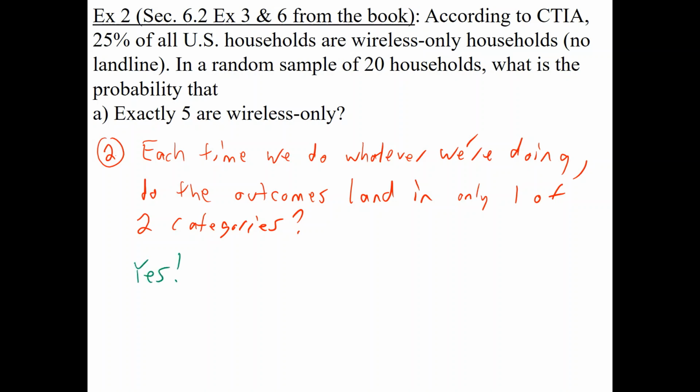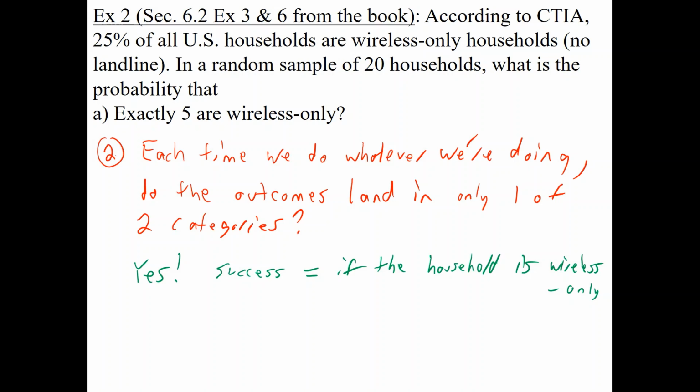Every time we select a household, what are we going to wonder about? We're going to wonder if it's a wireless only household or not. So there's a success and there's a failure, and success is going to be if the household is wireless only. Now we're going to have to write something like that down when you start a problem in a few minutes, but we're just going through the ingredients first.